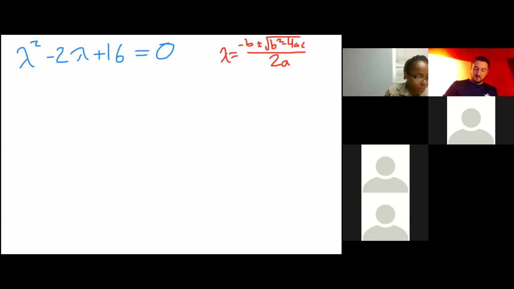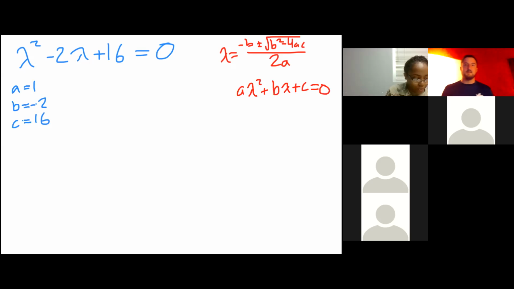And remember this is for quadratics of the form a times your variable squared plus b times your variable plus c. So for the equation I'm trying to solve, my a is 1, my b is -2, my c is 16. So just plug it into the quadratic formula.